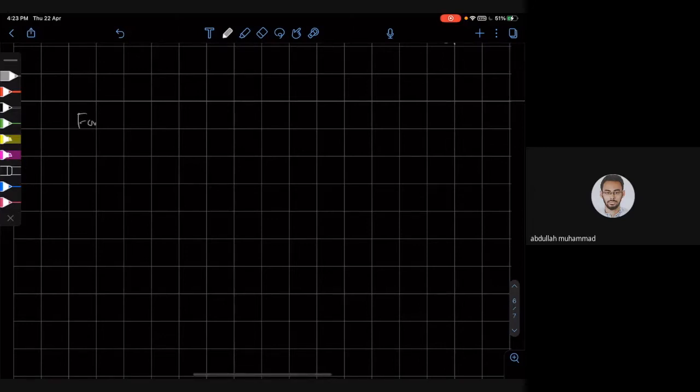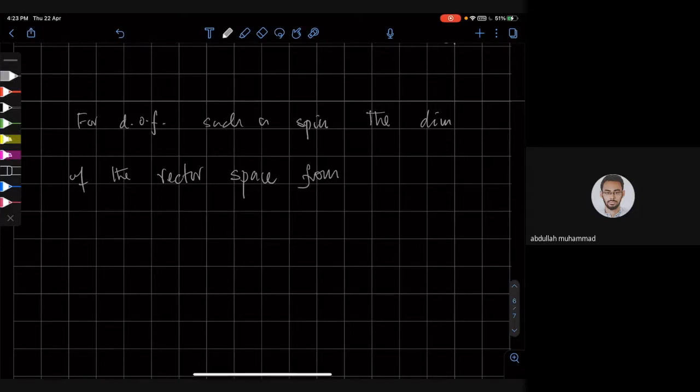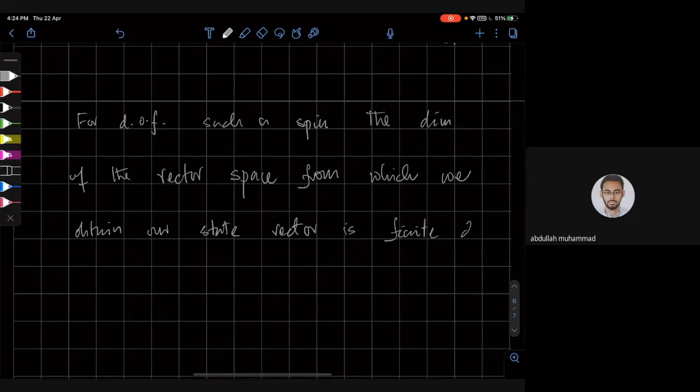So for degrees of freedom such as spin, the dimensionality of the vector space from which we obtain our state vector is finite dimensional, right?